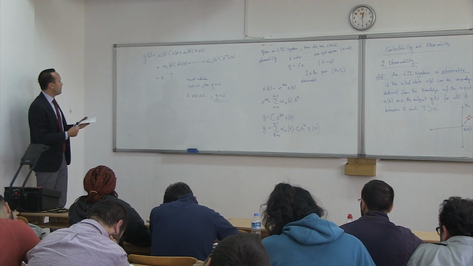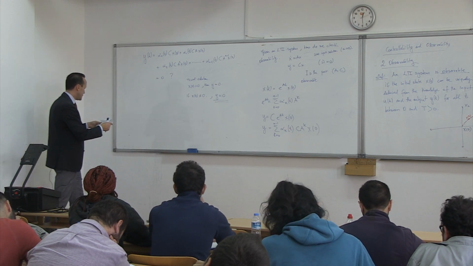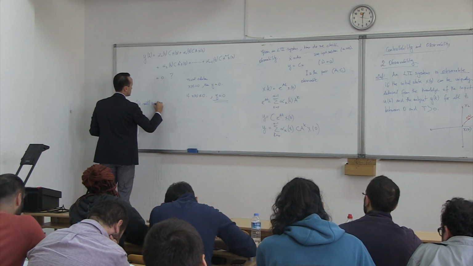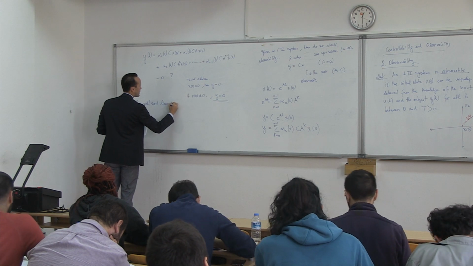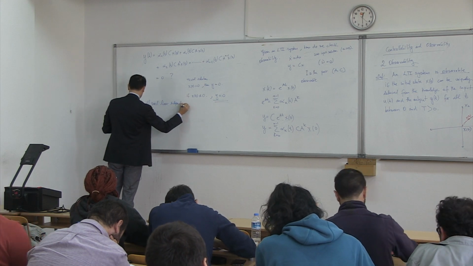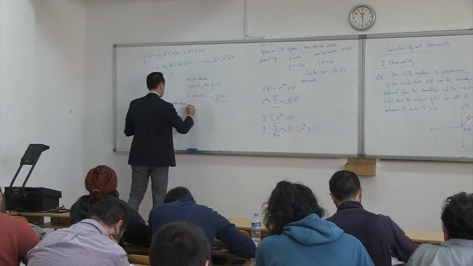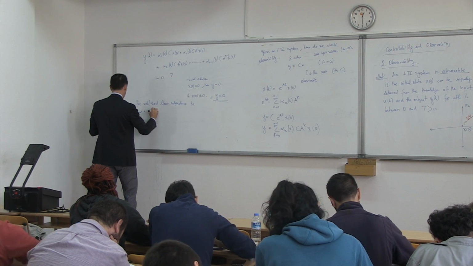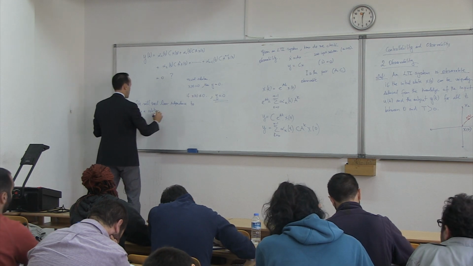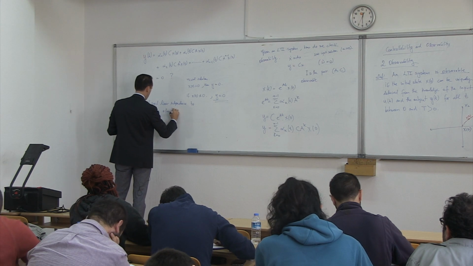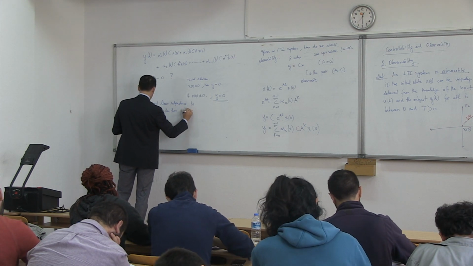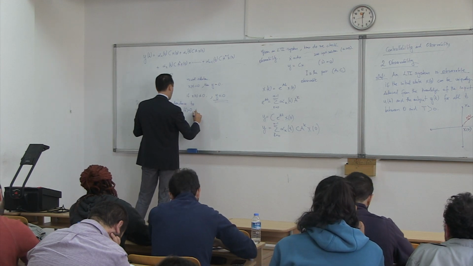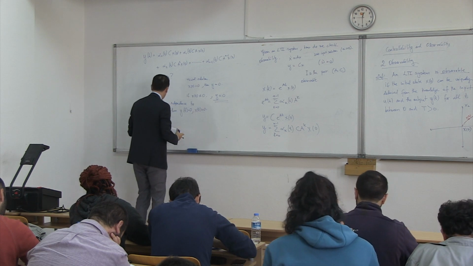So in order for this to happen, you need linear independence to have a solution other than y of t equals 0 and x0 equals 0.